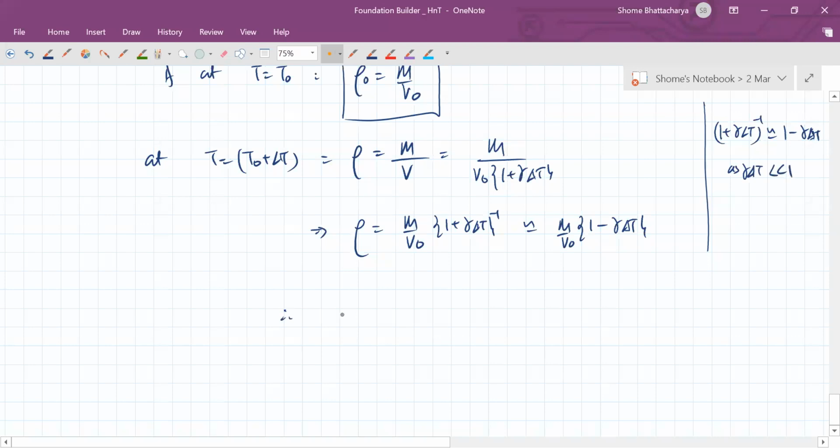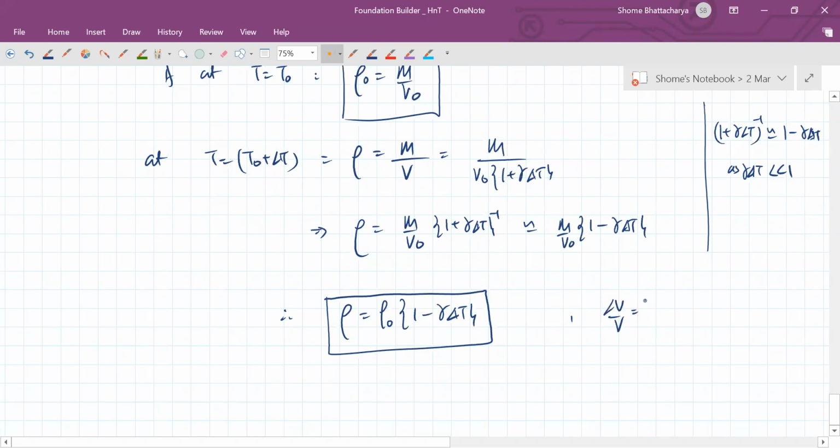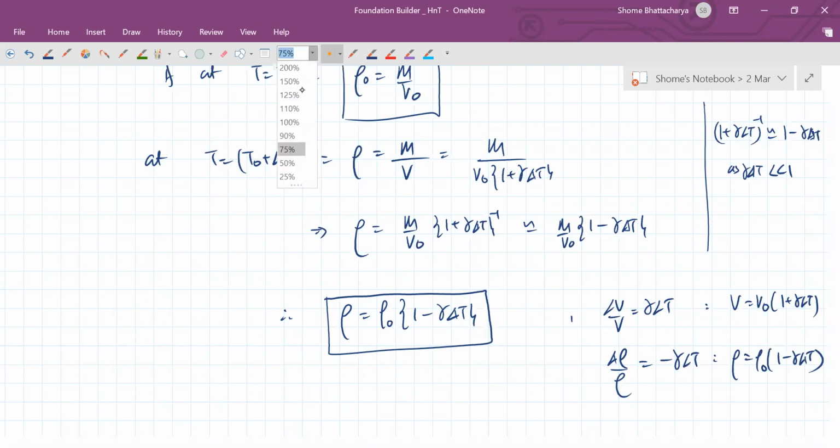So therefore, density varies with temperature according to this relationship. Volume varies with temperature according to this relationship. So density being inversely proportional to volume gives a minus sign. Just make a note of this section first.